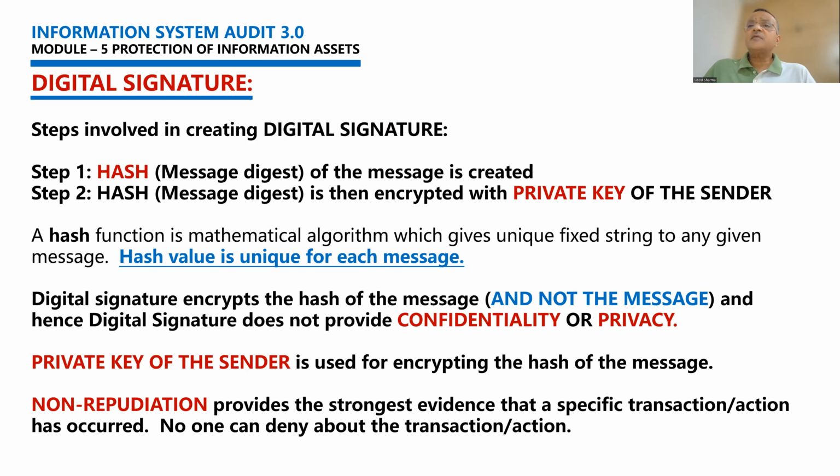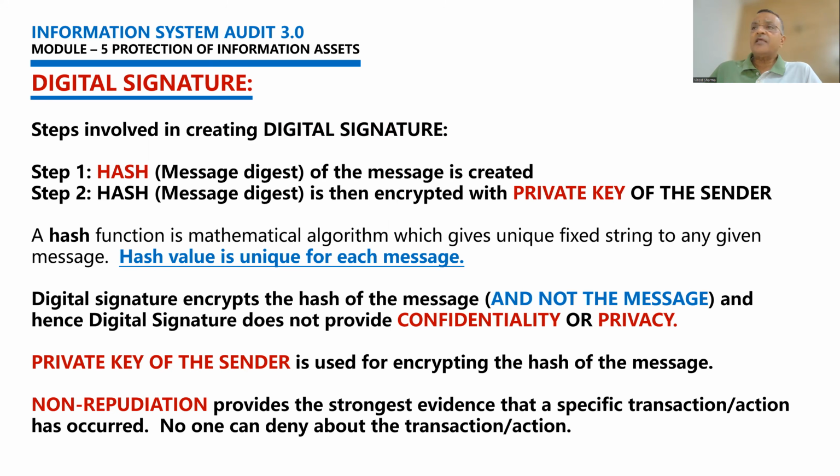A digital signature encrypts the hash of the message and not the message. Let's be very clear. This is why digital signature at no point ensures that the message has not been seen by anybody else. So if the question is whether digital signature ensures confidentiality, no, it does not ensure confidentiality or privacy. The private key of the sender is used for encrypting the hash of the message.